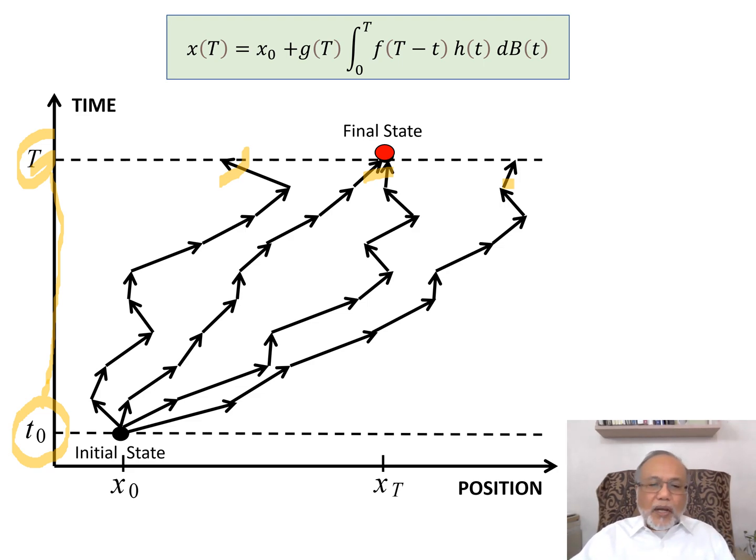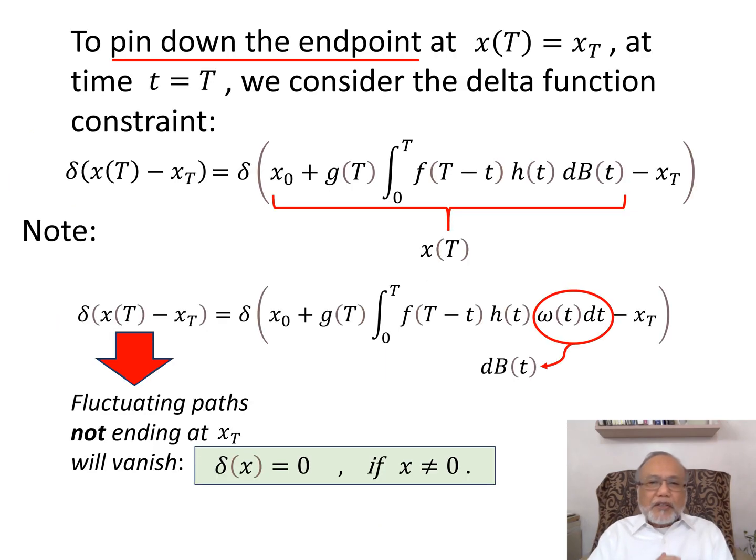Now suppose we want a situation wherein our chosen endpoint is somewhere, let's pick this point x sub t. We want that to be the final position when we hit the final capital T. How do we do that? Well, we can fix the endpoint. We can pin down the endpoint to some particular chosen point x sub t at final time t equal to capital T using this Dirac delta function, which is always equal to 0 except when x capital T is equal to x sub t.